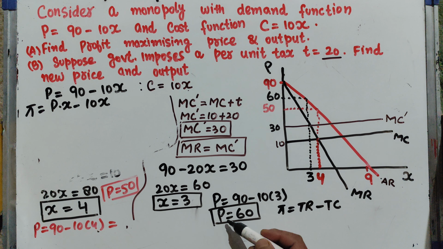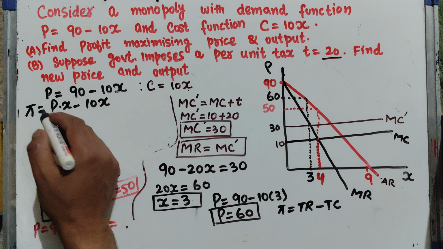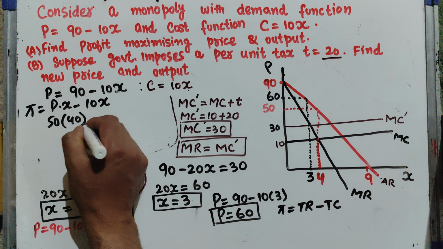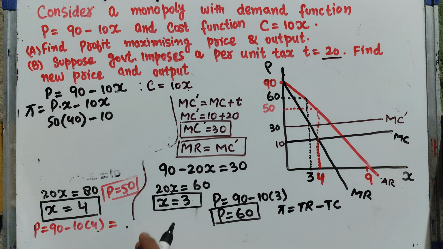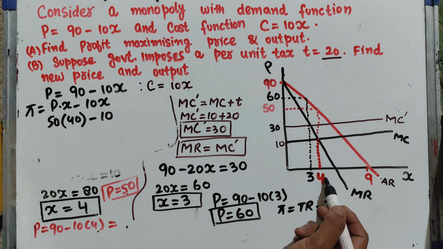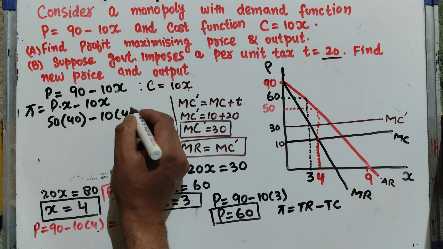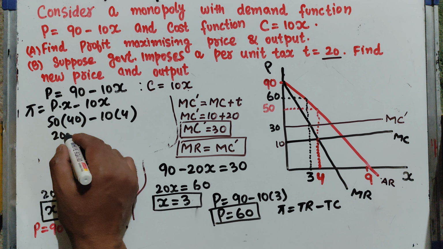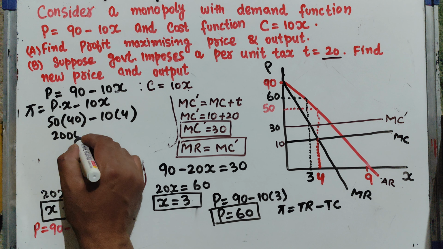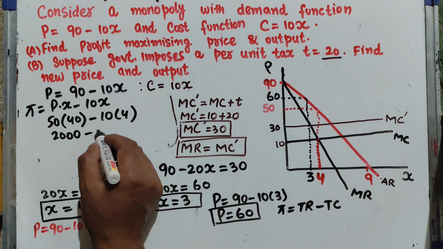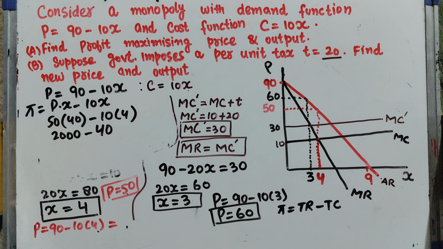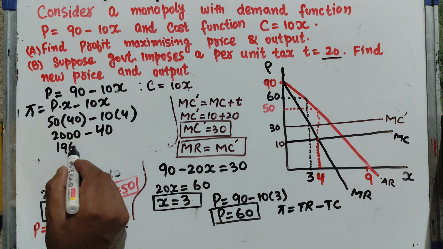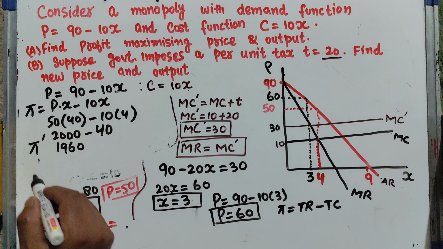Price initially was 50, and quantity was 4, minus 10 times the initial quantity, which was 4. This will be the initial profit.